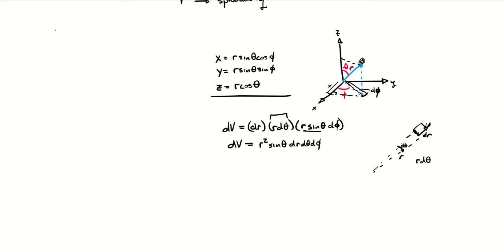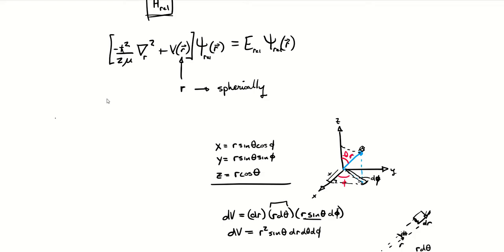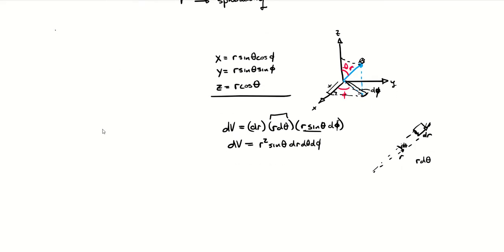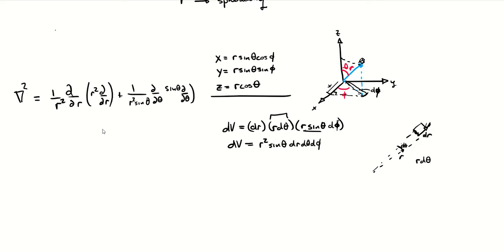The Laplacian operator, if you look back at our Hamiltonian here, this del squared in spherical coordinates ends up being 1 over r squared, partial with respect to r times r squared partial with respect to r, plus 1 over r squared sin θ partial θ, sin θ partial θ.